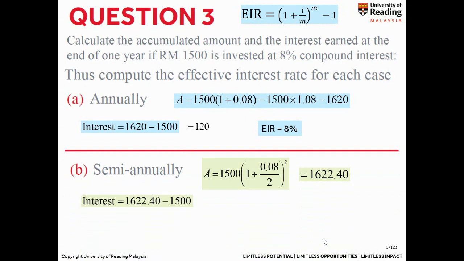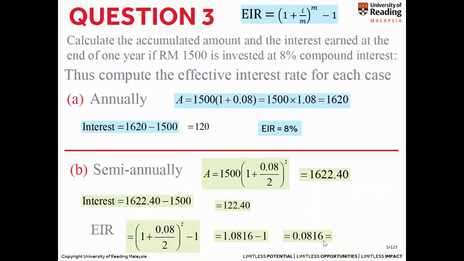The interest earned after subtracting the principal will be 122.40. The effective interest rate will be 0.0816. That is 8.16%. So compounded semi-annually is higher than compounded annually.